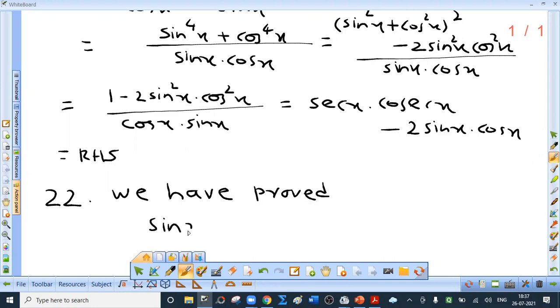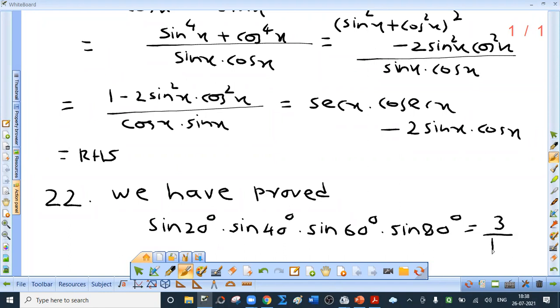sine 20 degree, sine 40 degree, sine 60 degree, sine 80 degree equals 3 upon 16.